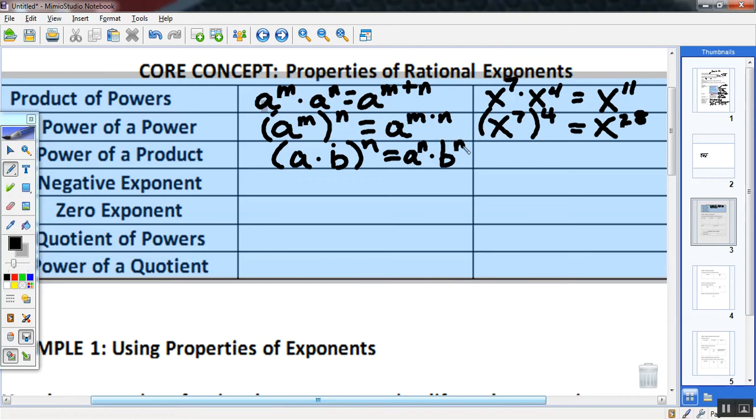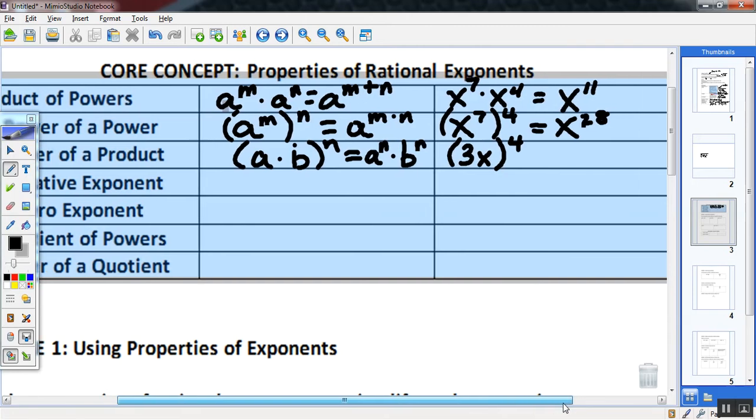So here was an example. When we used Pascal's triangle, we had expressions like, you might have had 3x to the 4th power. My product inside of parentheses is what times what? We're taking that product to a power of 4. So I have to bring that 4 into the 3, so this becomes really 3 to the 4th.